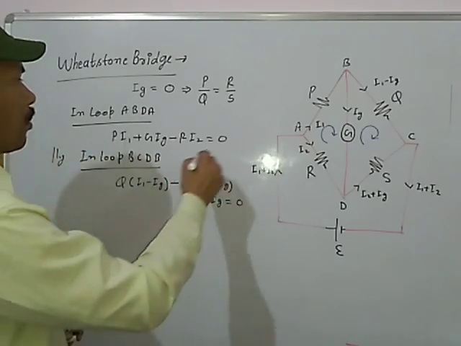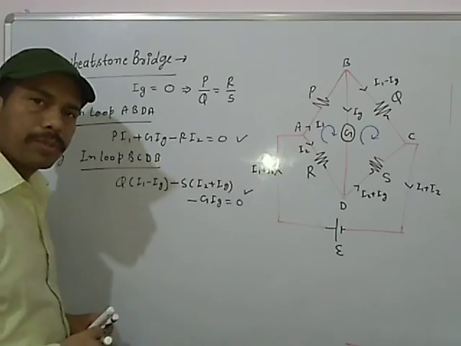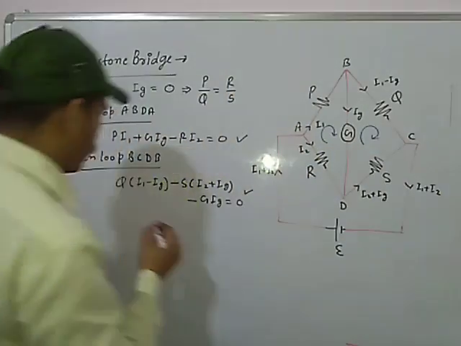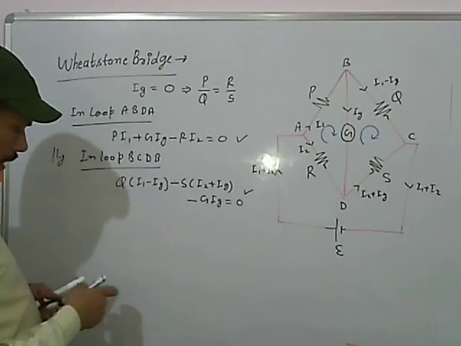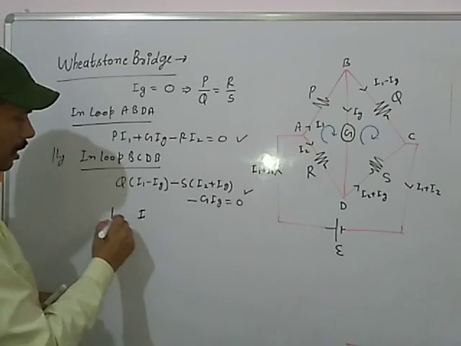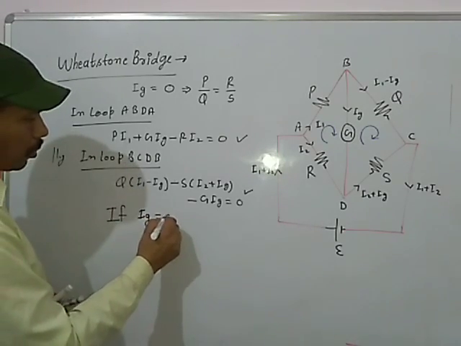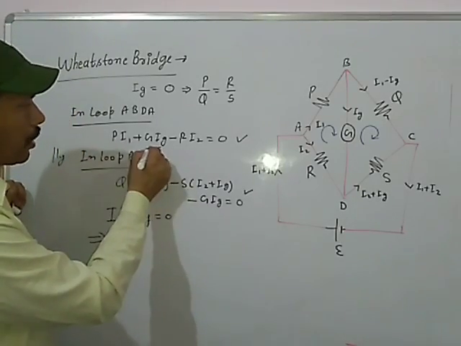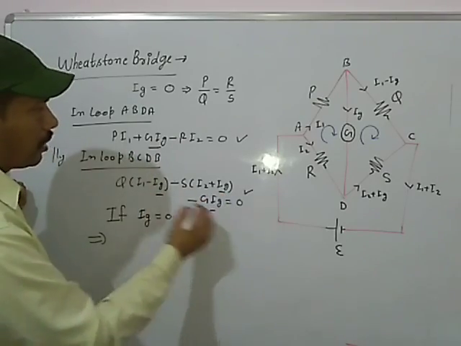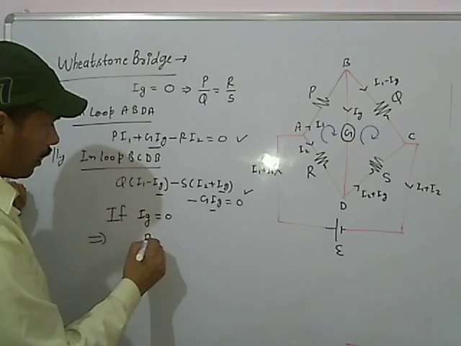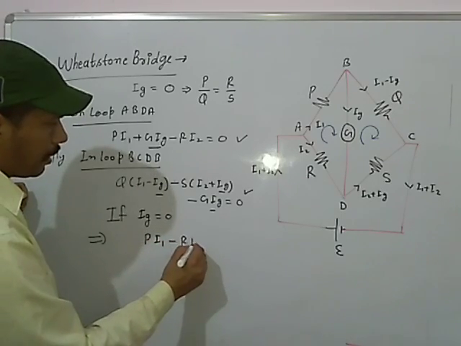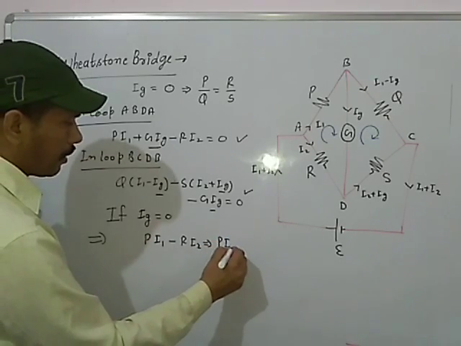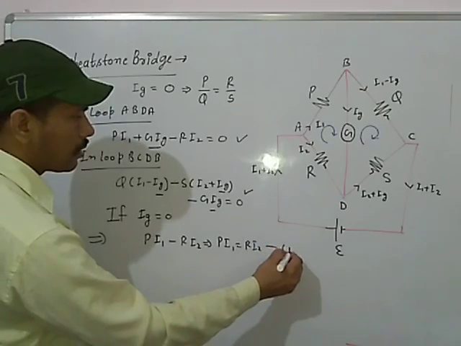Okay, now we look at the relations in these two loops. If we apply the Wheatstone bridge condition, what is the condition? The condition is that no current is flowing through the galvanometer, that is, IG is 0. Then the above equations can be written with IG as 0. So from the first we get P I1 minus R I2 equal to 0, which is P I1 is equal to R I2. This is equation number 1.